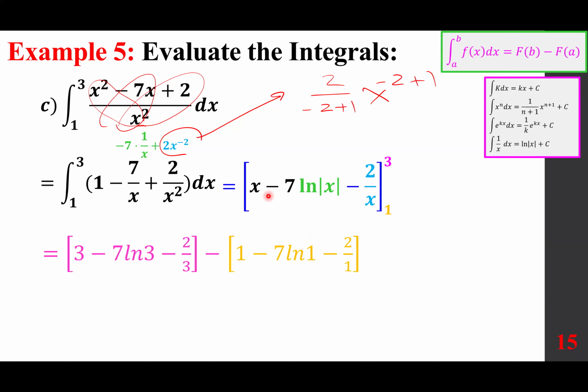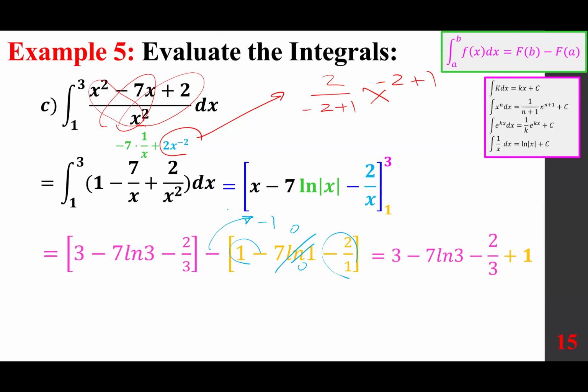When we plug in number 3, we get 3 minus 7 ln 3 minus 2 over 3. Minus, when we plug in 1, we get 1 minus 7 ln 1 minus 2 over 1. We are going to keep the first brackets intact. ln 1 is 0, so this is 0. 1 and negative 2 gives us negative 1. This negative makes it positive.